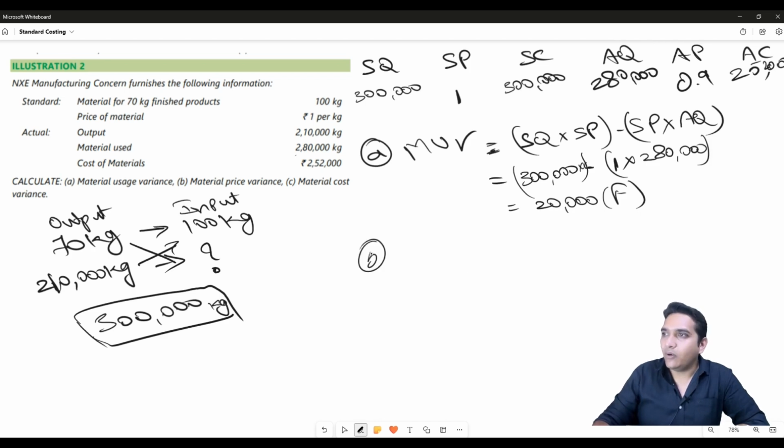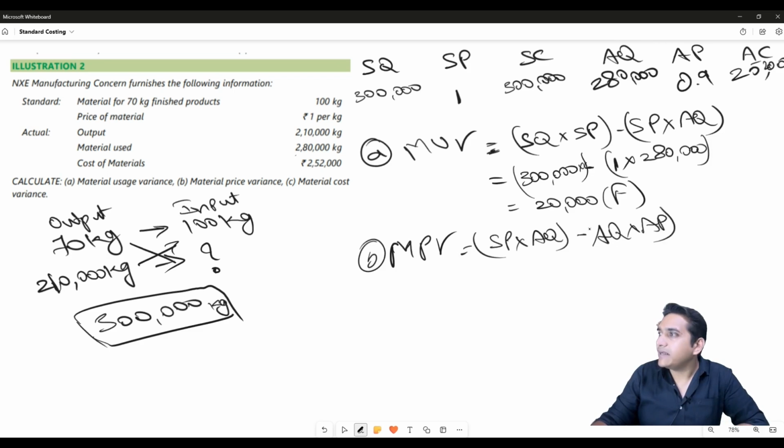Next, the second thing the question asks is material price variance. What is the formula for material price variance? Standard price into actual quantity minus actual quantity into actual price.